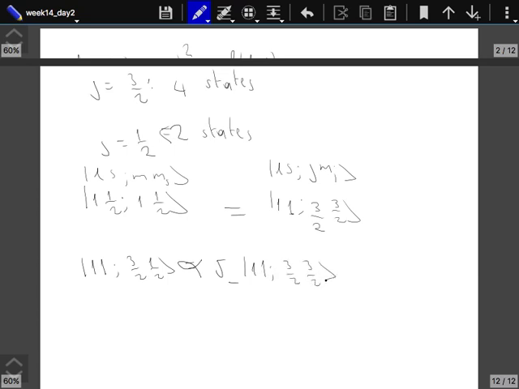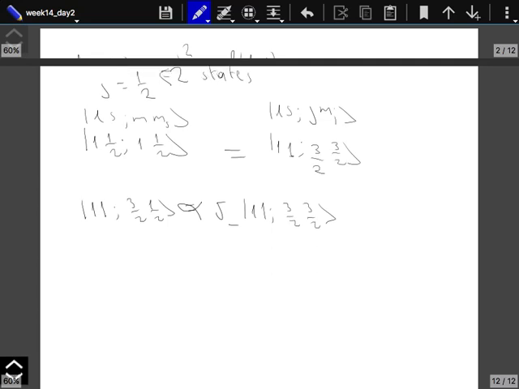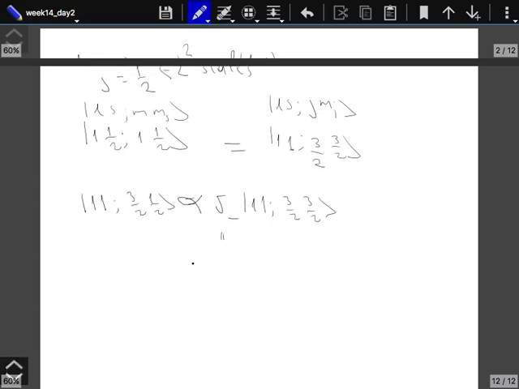I'm just lowering the M value by 1. That's what J minus does. But J minus is just L minus plus S minus, acting on this state, which is nothing but 1, 1/2. No, sorry, this is 1/2 also.